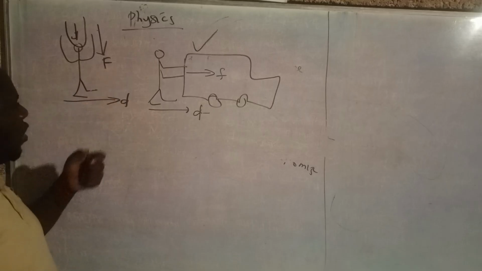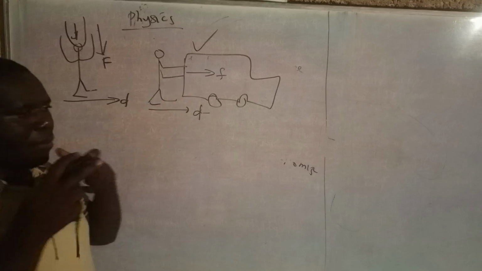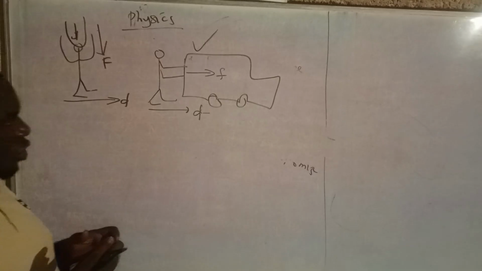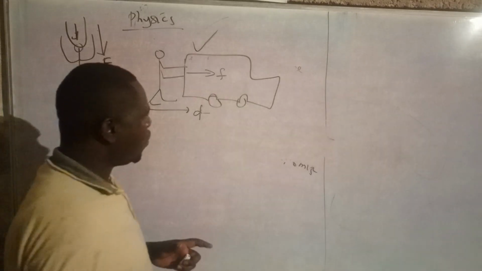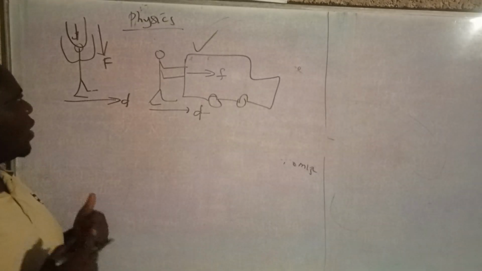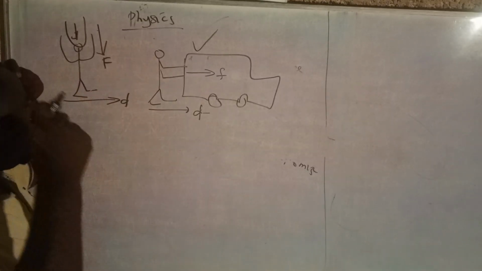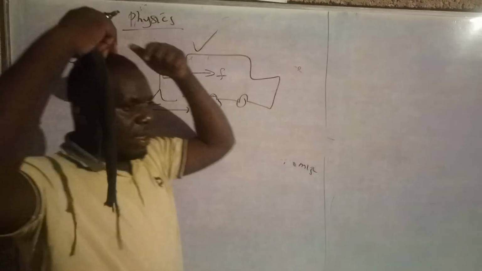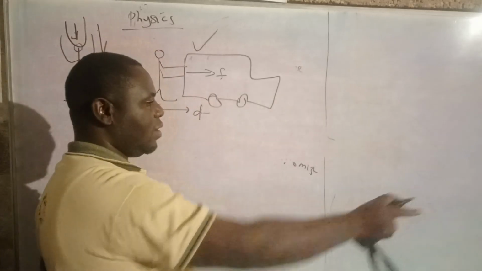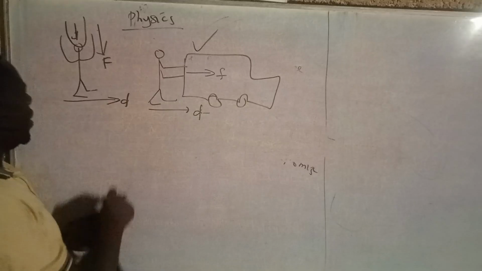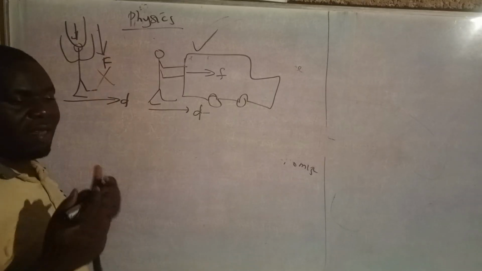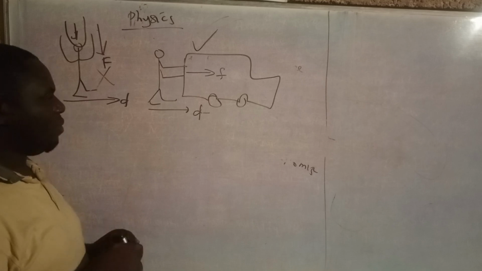Work can only be done when the force and distance are both moving in the same direction. For example, when someone is pushing a box on the floor or a vehicle, there's work done. But when someone carries a bucket of water, the force is going down and the distance is going in a different direction, so there's no work done because the force and distance are not moving in the same direction.